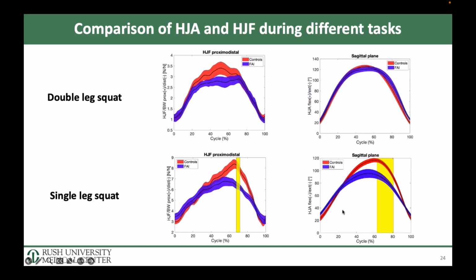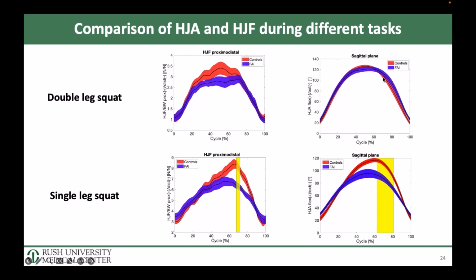It's interesting to compare these findings with double leg squat, because you can see that in this specific graph, the one on the top right, there are no differences in terms of peak values between patients and controls. They both reach about 120 degrees.